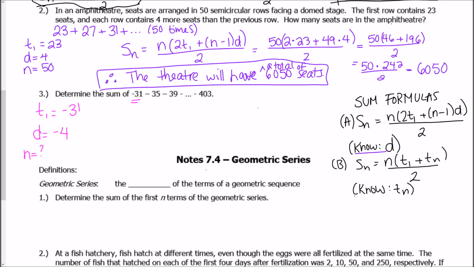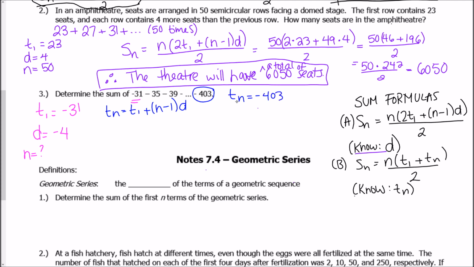So I actually have to figure out what n is in order to be able to use either one of these formulas. I'm going to use the explicit formula, which is t sub n equals t sub 1 plus n minus 1 times d, to solve for n. I want to figure out how many terms there are. I know that t sub n is negative 403.